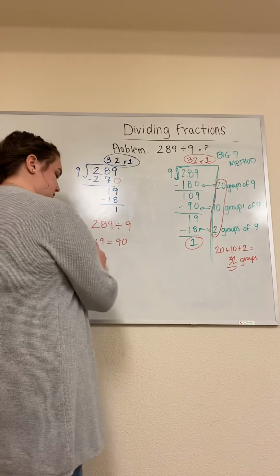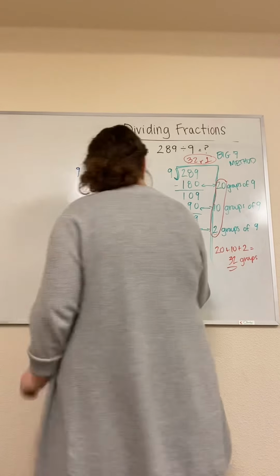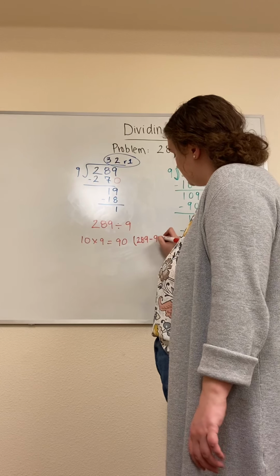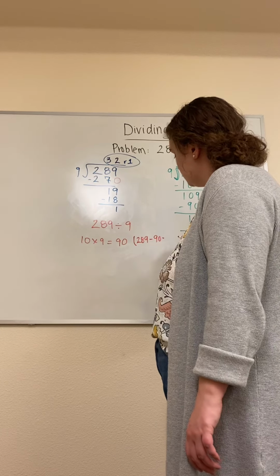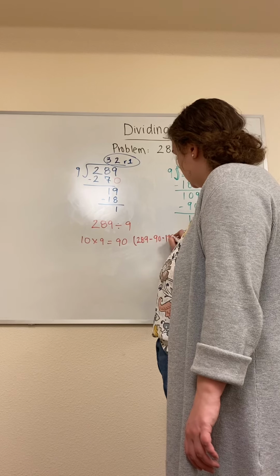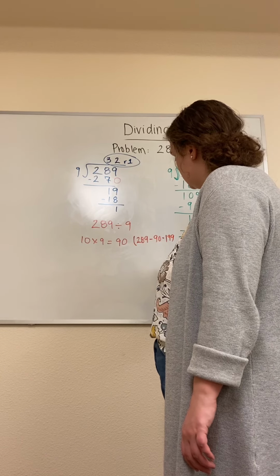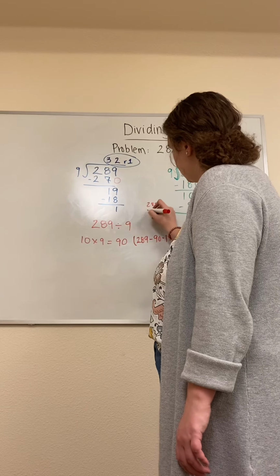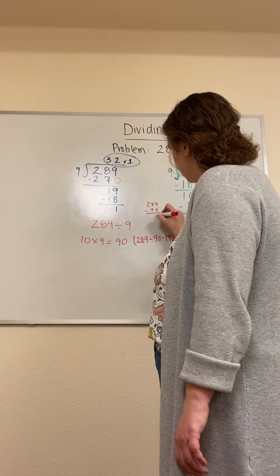So as our next step, which I'll do over here, is 289 minus 90, which is going to give us 199. Is that right? 289 minus 90.